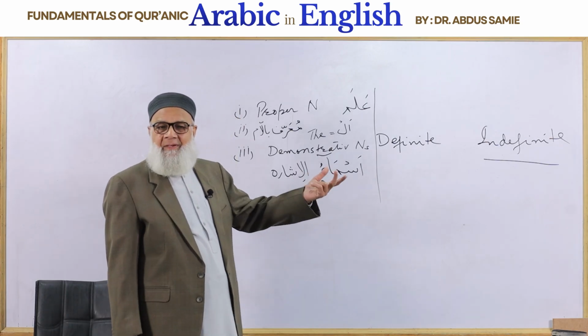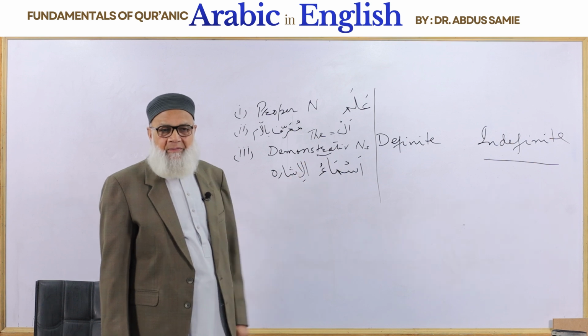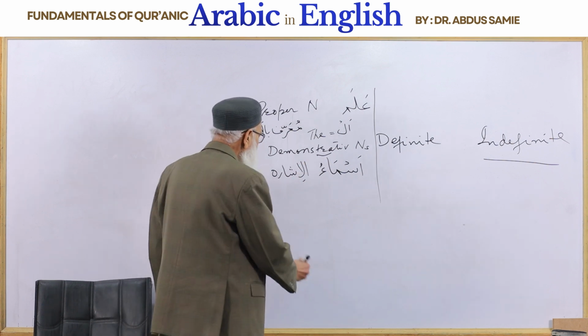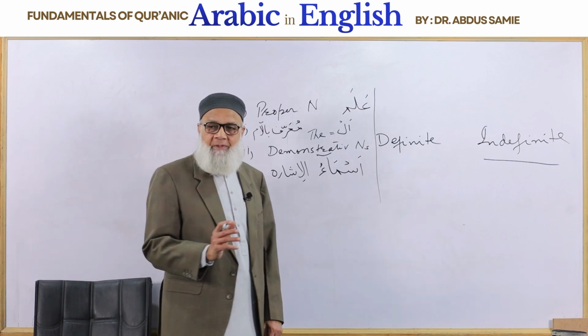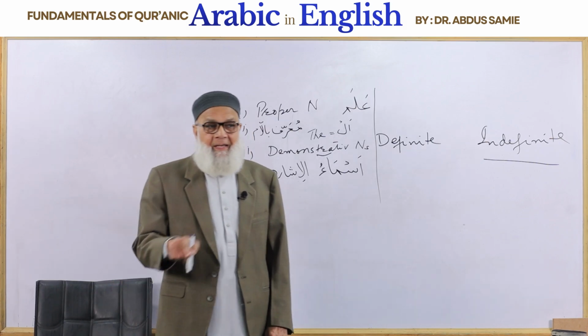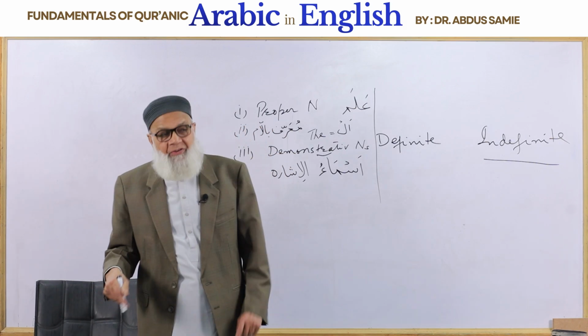What are the demonstrative nouns in Arabic? But simply you should remember, in English you have only 4. This and that, these and those.